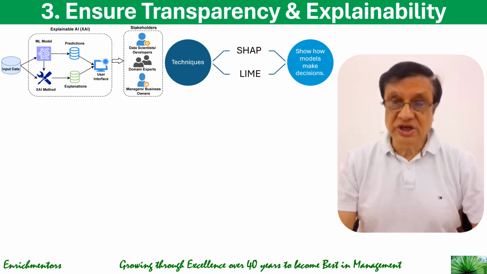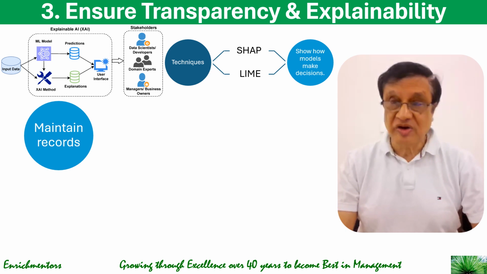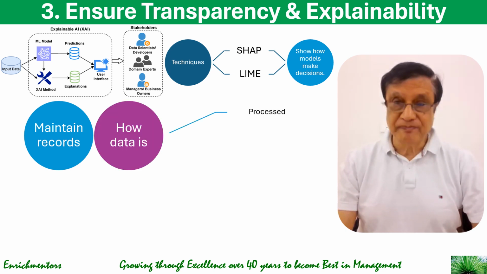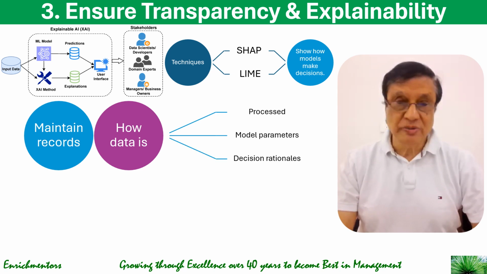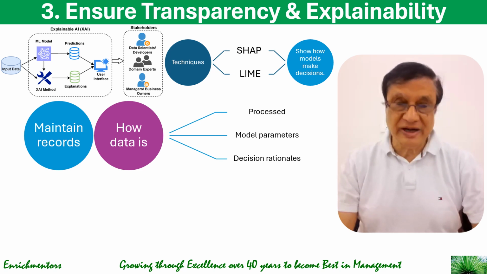And then you need to document model decisions by maintaining records of how data is processed, what the model parameters are, and what decisions were taken by the model and why.